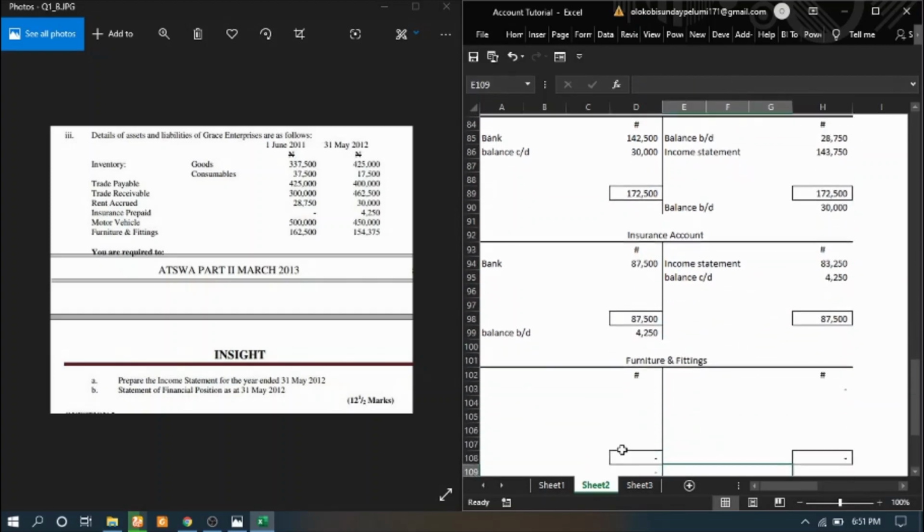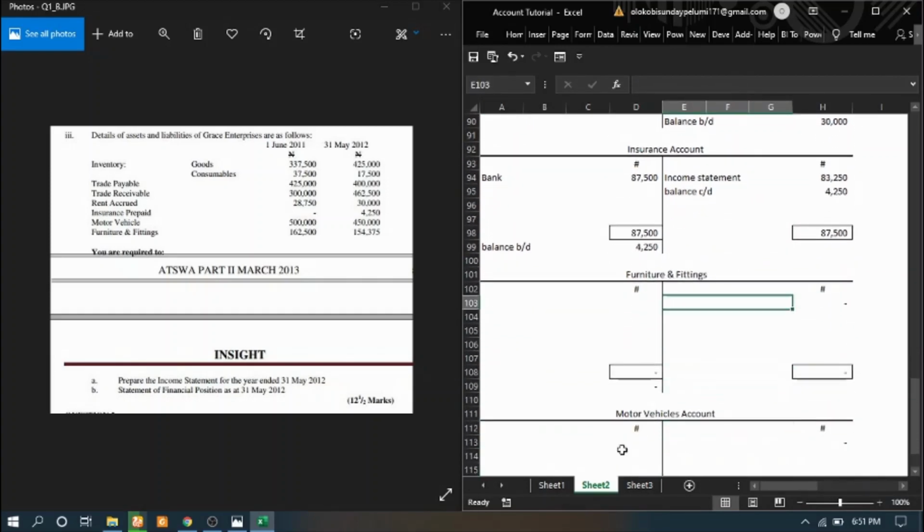Alright, now furniture and fittings accounts and motor vehicles accounts. Let's prepare that too. It's very important, especially all of this, that except for the inventory goods, normal inventory, that will pass with the income statement itself. So the first thing we have now here is the furniture. The opening balance of the furniture is an asset.